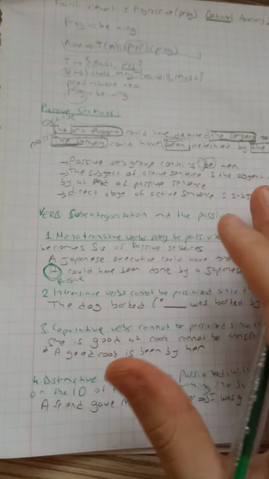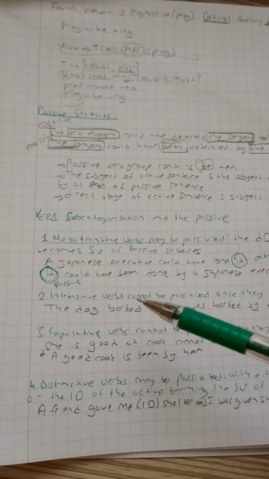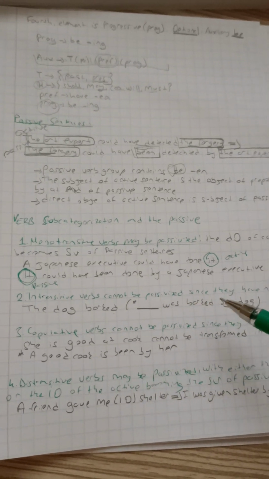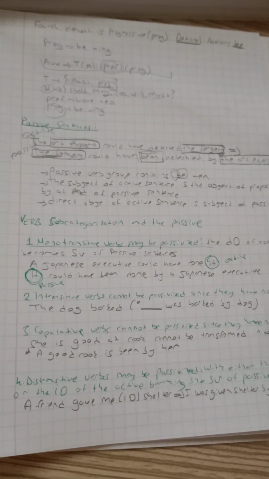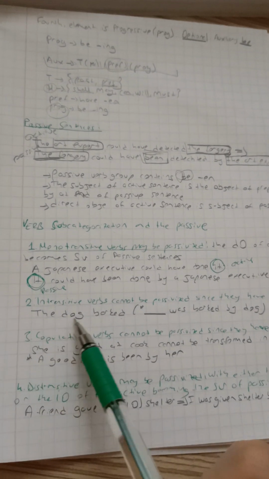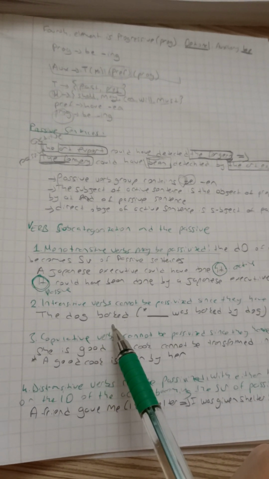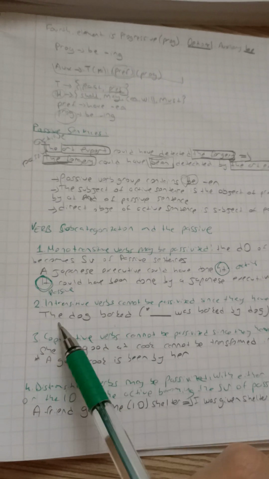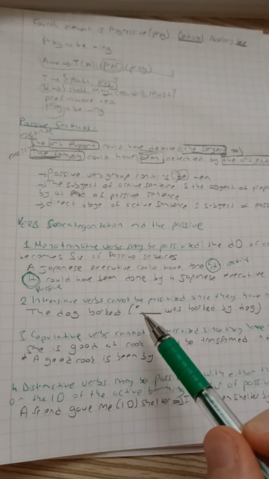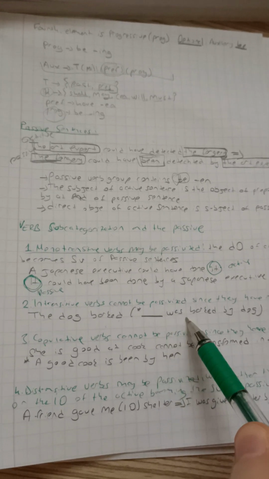And the second, intransitive verbs cannot be passivized since they have no direct object. For example, the dog barked is an intransitive verb and has no direct object, so we cannot say blah blah was barked by the dog.